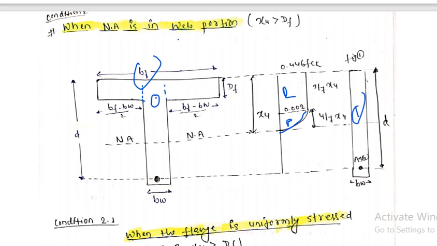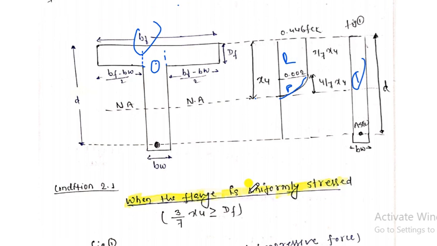So let's understand when the flange is uniformly stressed. When the neutral axis lies in the web, there may be two conditions: when the flange is uniformly stressed, and when the flange is not uniformly stressed. Then what do we mean by a uniformly stressed flange?